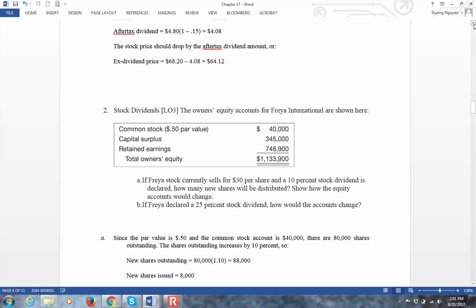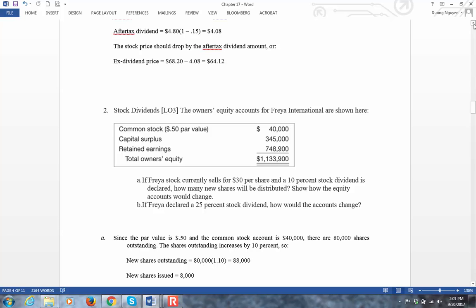You have common stock at 50 cent par value, so the total book value of common stock is 40,000, capital surplus 345,000, retained earnings 748,900, totaling owners' equity of 1,133,900.